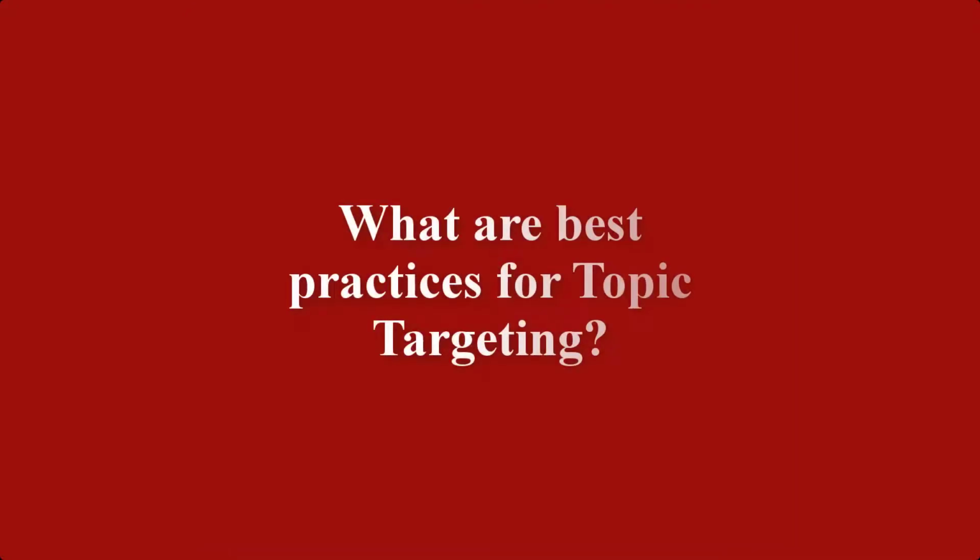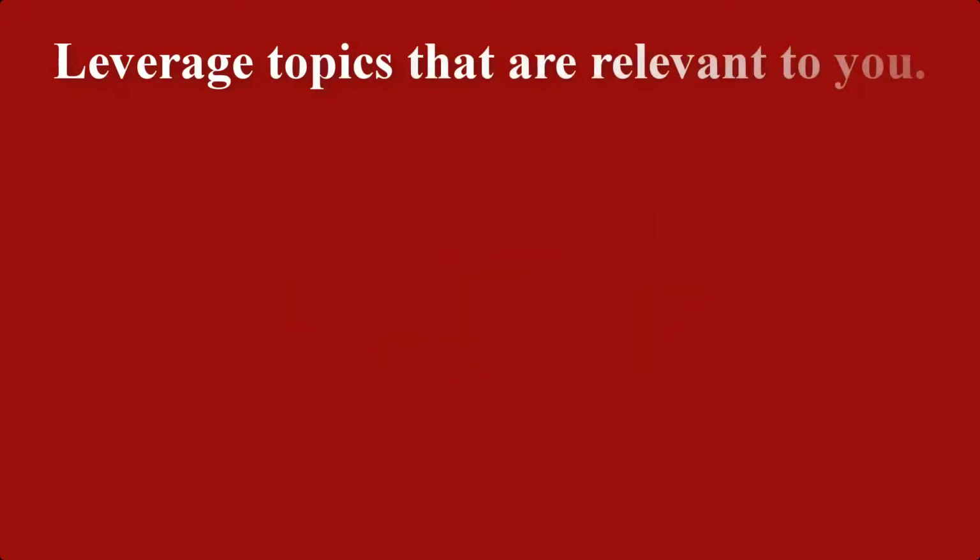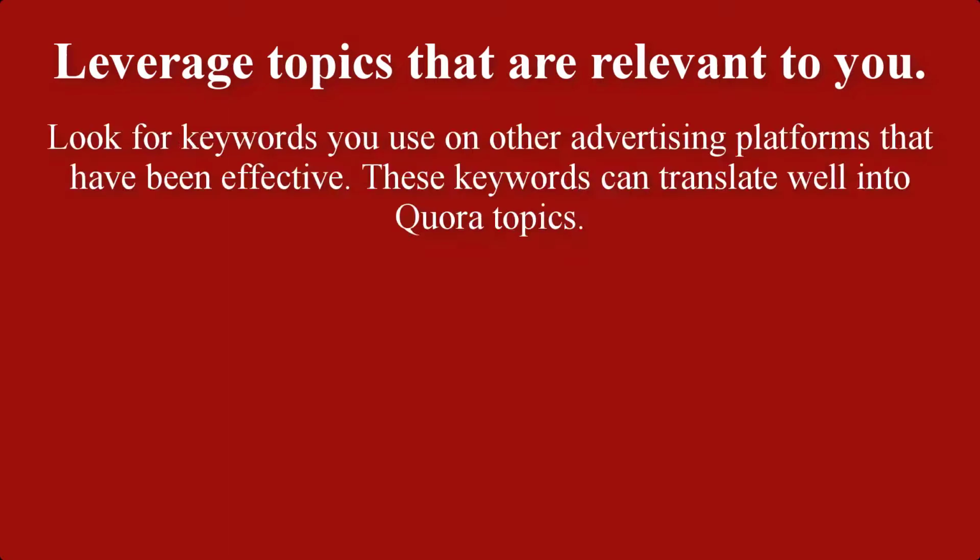And lastly, I will give you best practices for topic targeting. Number 1. Leverage topics that are relevant to you. Look for keywords you use on other advertising platforms that have been effective. These keywords can translate well into Quora topics.